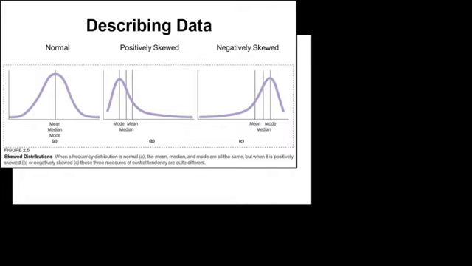All right, and then I've already talked about this, but this is specifically to show you how our skew can affect the location of our mean, median, and mode. We already saw a positively skewed curve on our example slide. So I always found it really, really difficult to tell the difference between positives and negatives.